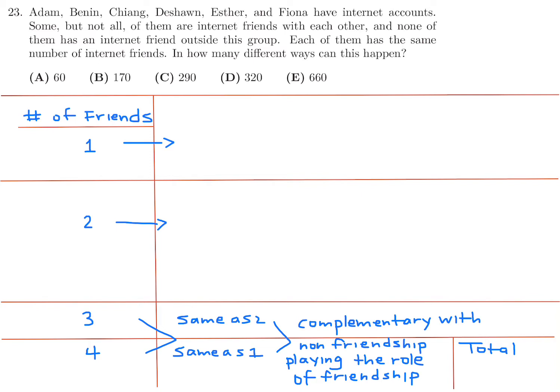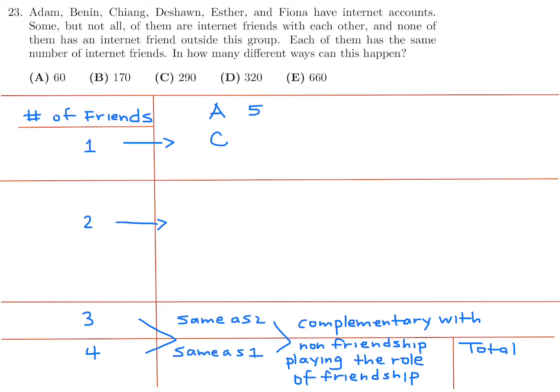All right, well, 1 is the easiest one. Let's say I choose Adam, A for Adam. He can initially choose any of the 5 remaining people. But then the next person, let's say Chiang, 2 are gone, right?